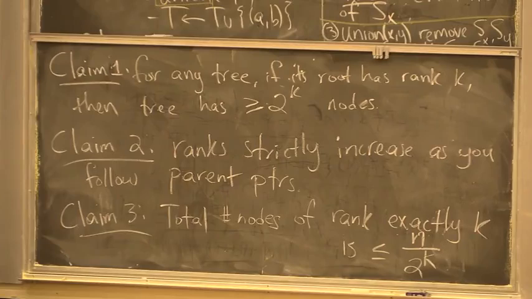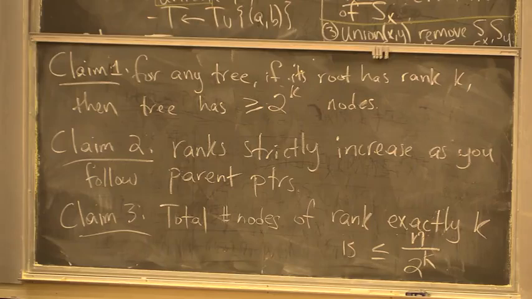And then any operation that happened after, like a find, or any union that didn't change his rank, is not going to decrease his tree size. Find, if you have a root with a tree under it and you do a find somewhere in that tree, it doesn't change the size of the tree. If you do a union that doesn't change the rank, then the tree can only get bigger. So whatever his tree size is when he became rank k, his tree size will only stay that way or grow as long as he stays rank k.